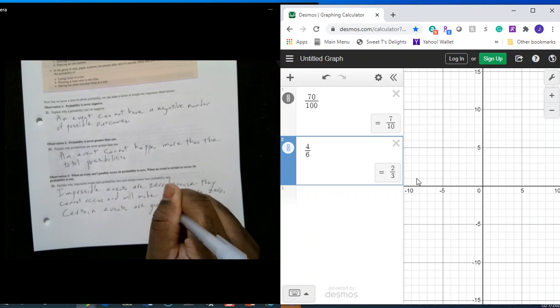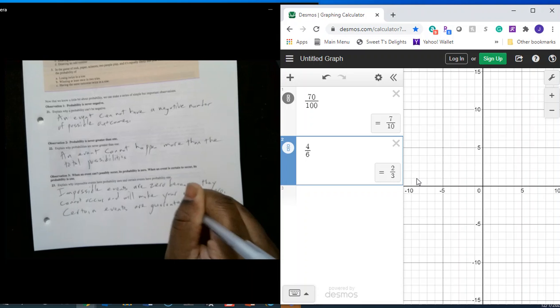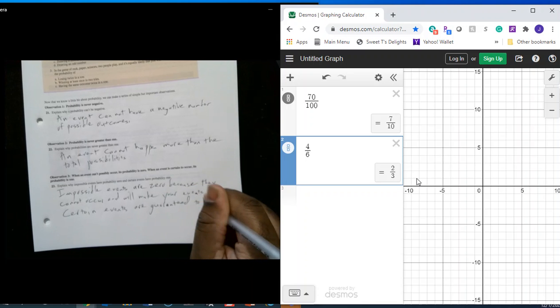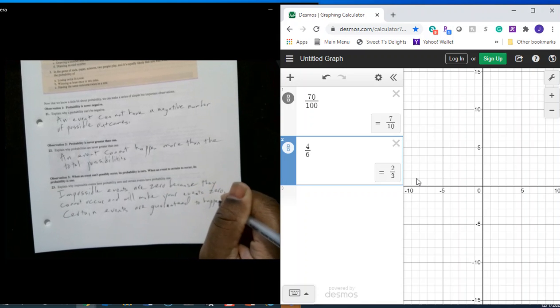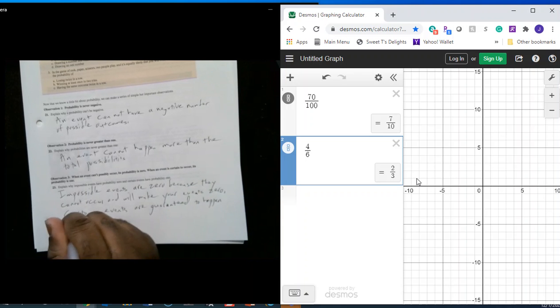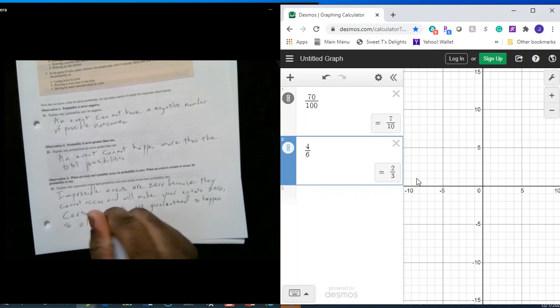Certain events are guaranteed to happen. So all possible outcomes will occur.